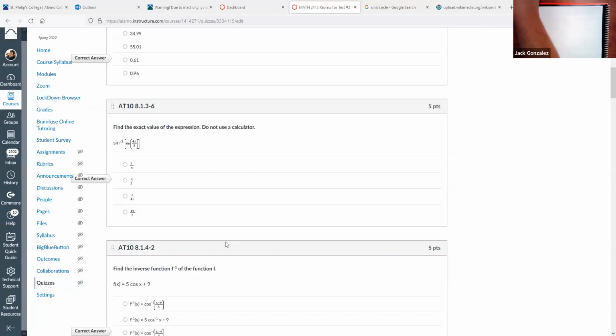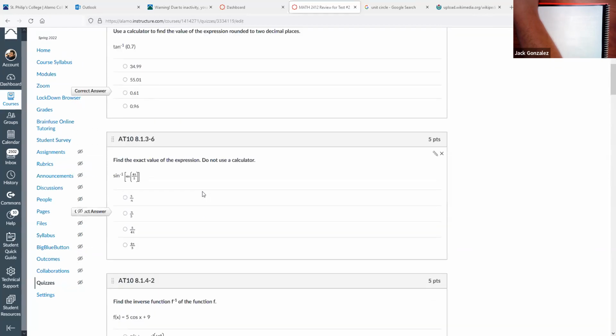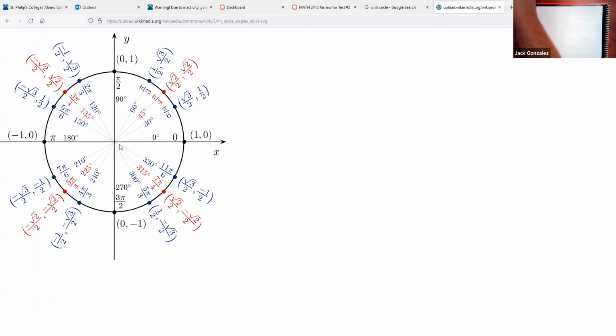So, number 1 and number 2, pretty chill, right? Number 3, it's a cancellation, or you can think of it this way. So go to the circle, look for sine 4 pi over 5. Is that it here?